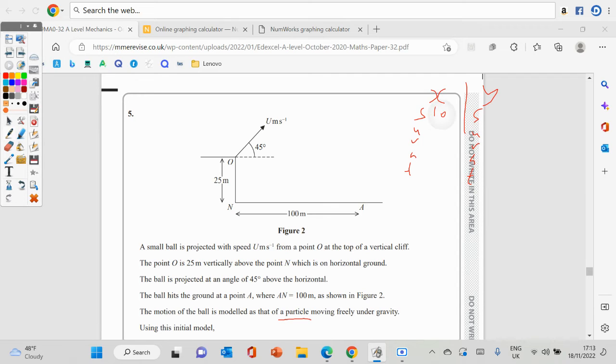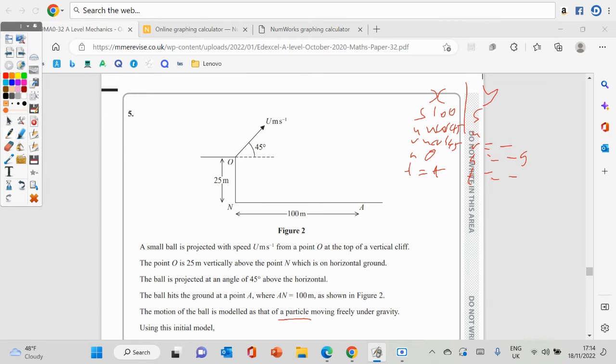So, distance in the x, 100. The u is going to be the component of this, which is u cos 45, being careful. Now, the final speed will also be u cos 45. The acceleration, however, will be 0, and the time is just the time, I don't know. And the time over here, I don't know what the time is. However, I know the acceleration in the y direction will be minus g.